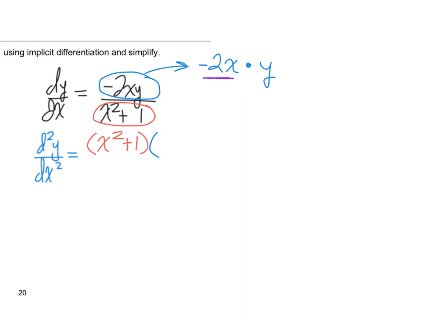So I have a first function and a second function, so I need the first times the derivative of the second. We already talked about y having a derivative of dy dx. Plus the second function, y, times the derivative of the first, which is just a negative 2.